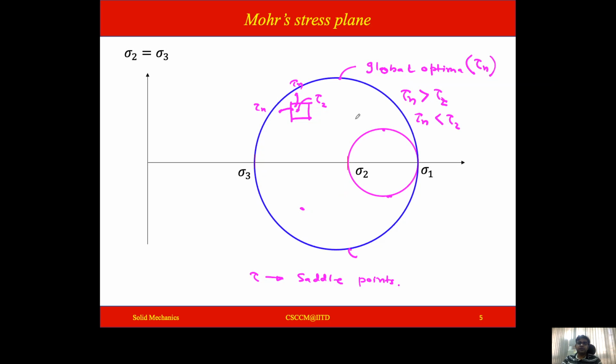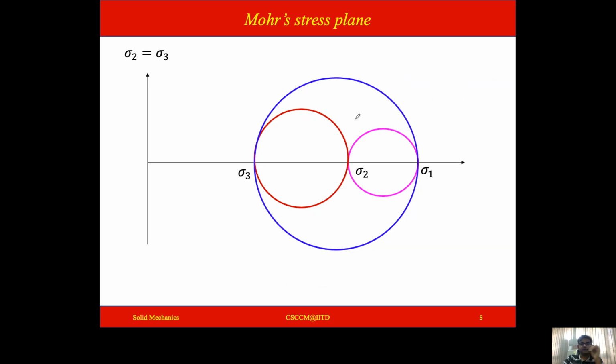Now let us do something interesting, okay? So let me go back and clear it up. Now let us consider a special case. Let us say that for our case, sigma 2 is equal to sigma 3. So in that case, what will happen?